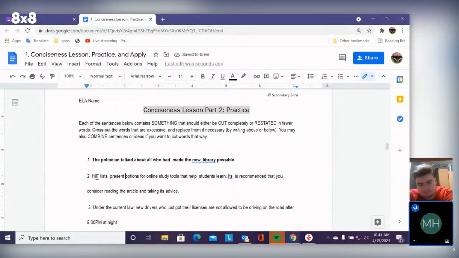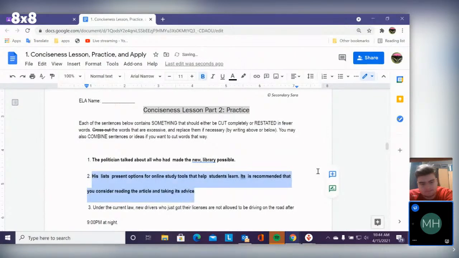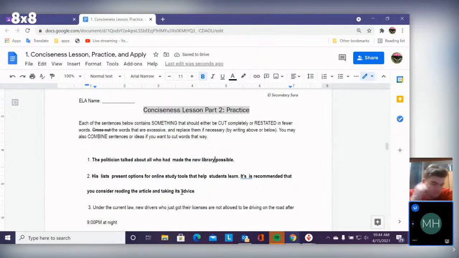What do you think? I think that's more concise, says what it needs to say, and that actually it should have some punctuation there. There we go. Okay. His list present options for online study tools that help students learn. It is recommended that you consider. Here you go, y'all.